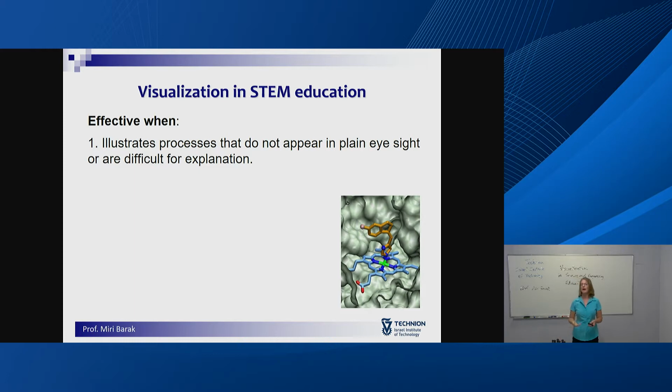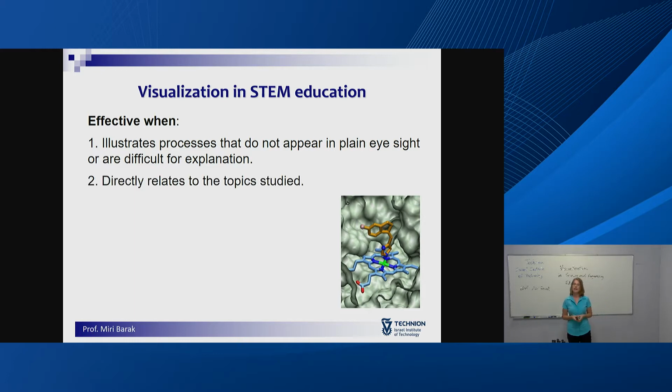But if we're talking about abstract ideas, abstract concepts in science, in the microscopic realm or in the macroscopic realm, it's very difficult to explain, and then we do need to use visualization.